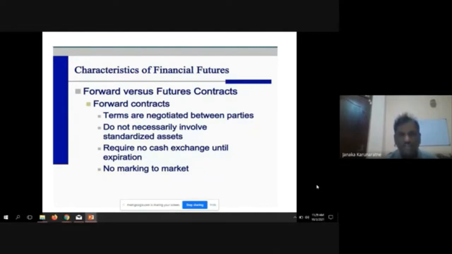Compared to futures contracts, what would be the problem in a forward contract? Many positives, but what is the main negative? Can someone tell me the main negative?